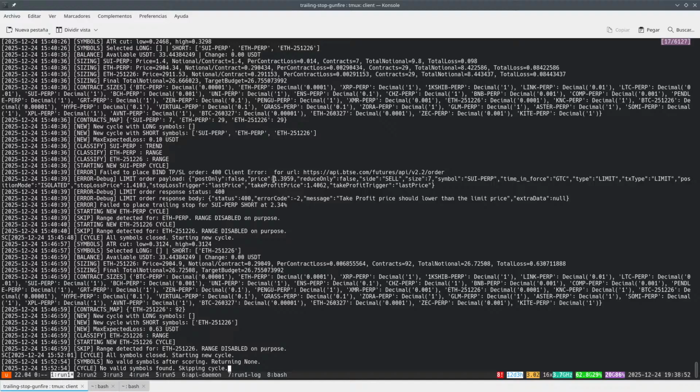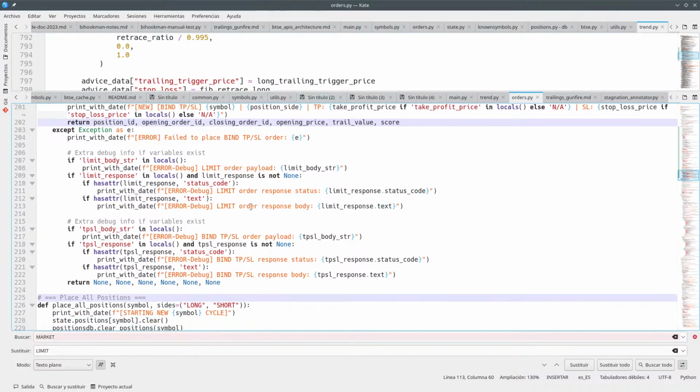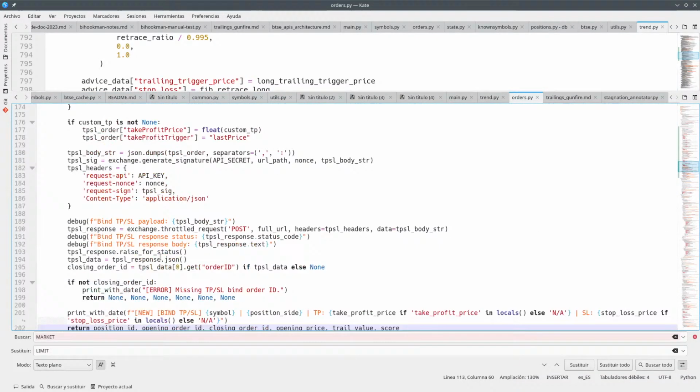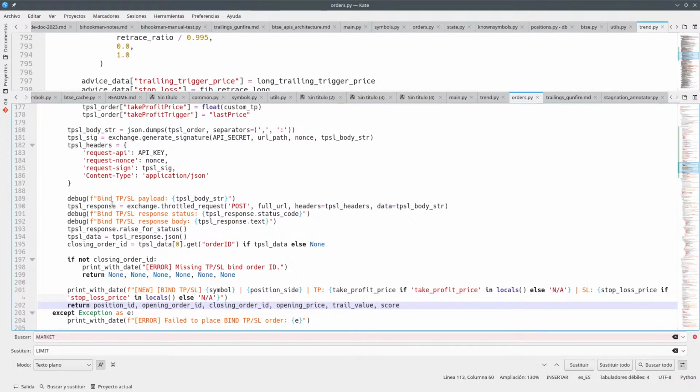So here we are asking for this price and the take profit is not lower. The stop loss is higher, that's right, but the take profit is not lower. So right now we can see it's not a problem of the take profit stop loss, it's a problem of the limit order.